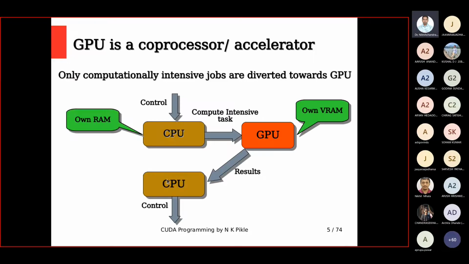GPU is a coprocessor which takes only computationally intensive jobs, performs all those computations in parallel with the thousands of cores available in it, and after the computation, the results are given back to the CPU.